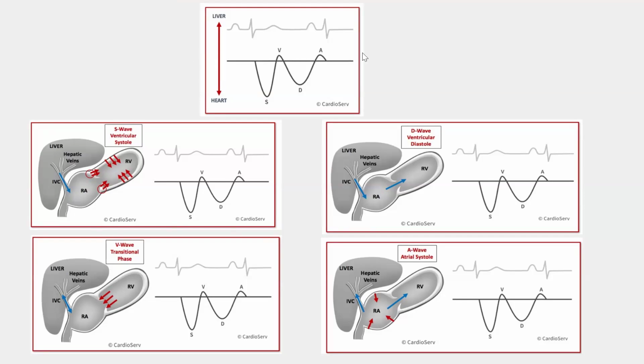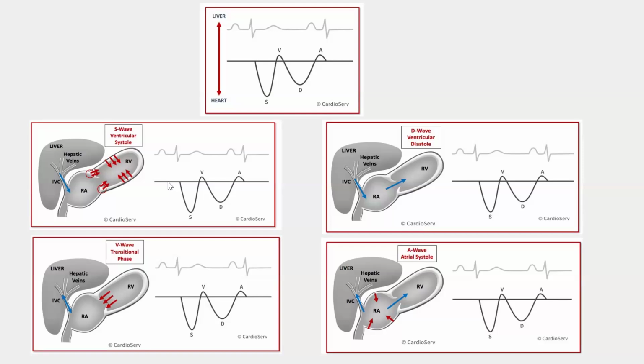Okay? Hepatic venous Doppler. A normal hepatic venous Doppler has two forward flows, which are these, and two backward flows, which are these. How are these generated, guys? How are they generated?